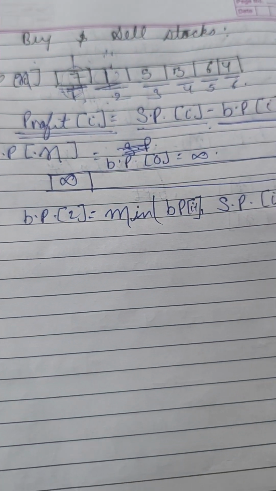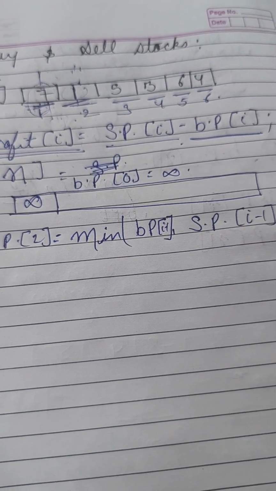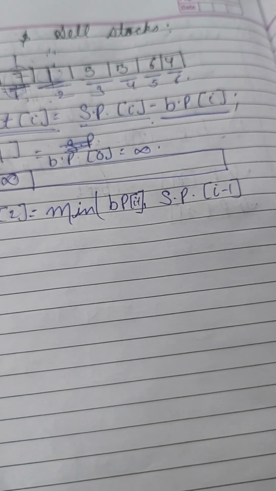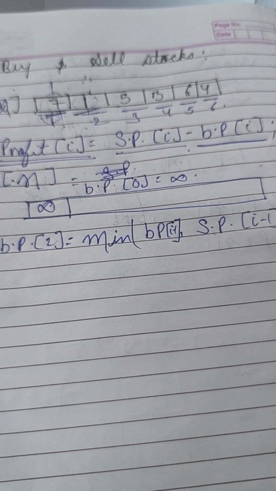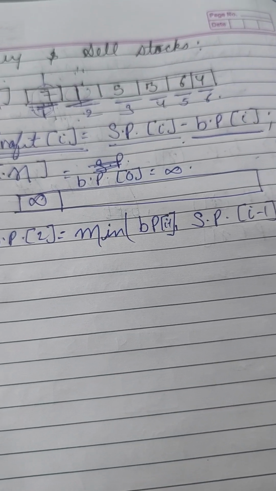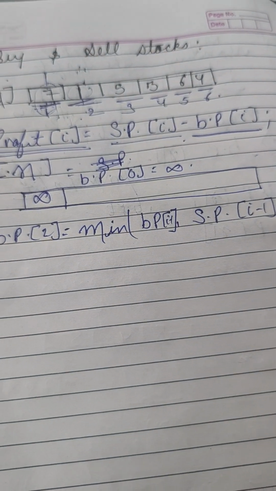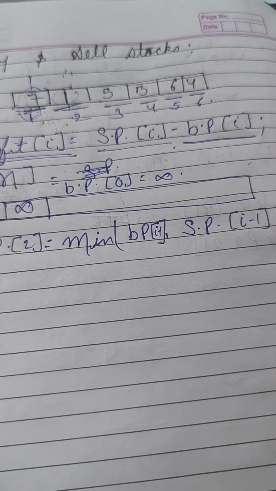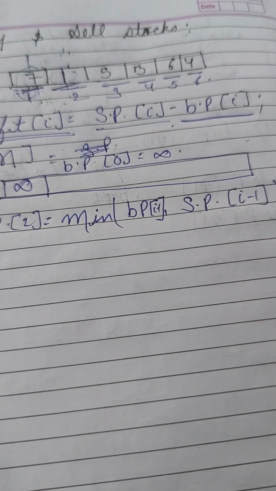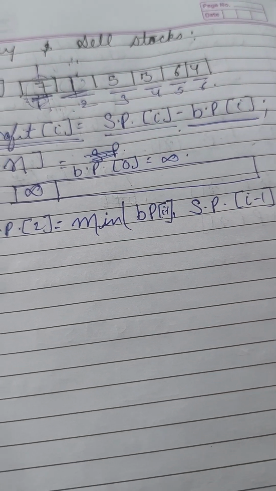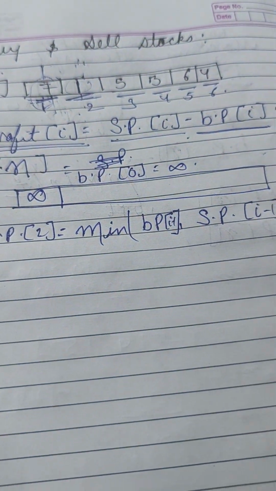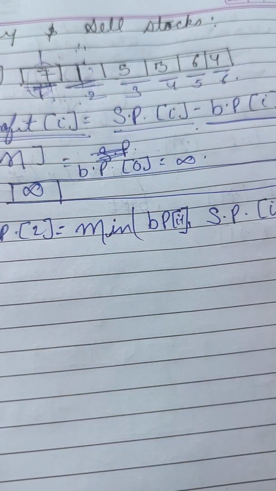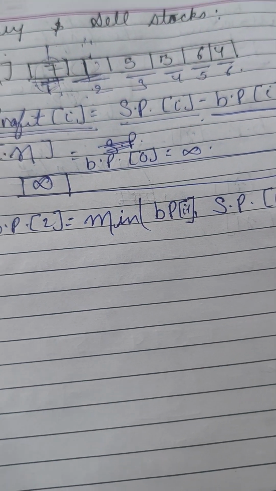Right? If you are not getting it, let me take one example, just a practical example. Suppose your mother bought the jewelry. Gold prices these days are increasing and also decreasing, right? Suppose yesterday she bought the jewelry at the price of 7, and now today the gold price is 1 and she wants to sell it.